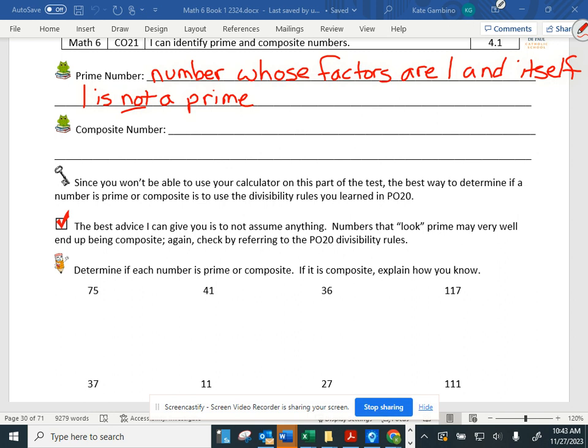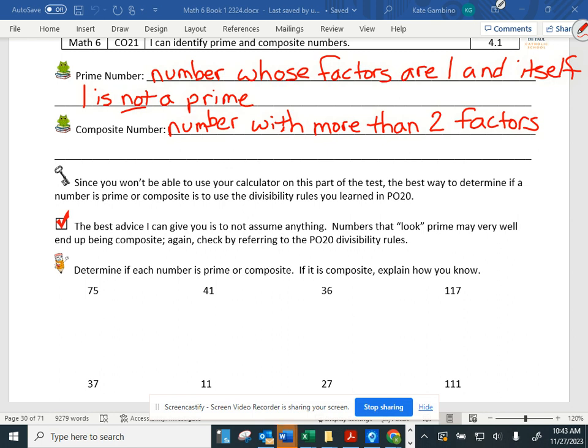So a composite number is a number with more than two factors. So if it's not prime, it's going to have more than two factors.